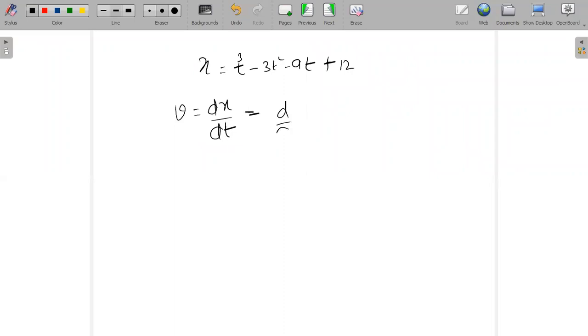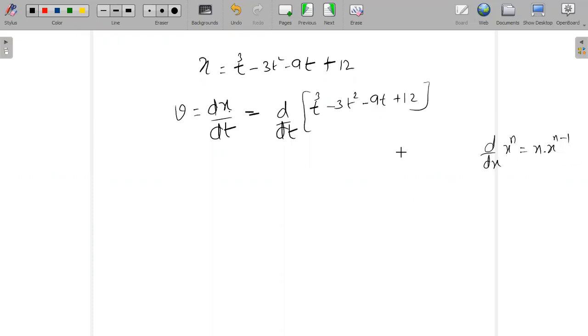So that is d by dt of the value of x, which you substitute: t cube minus 3t square minus 9t plus 12. What is differentiation? d by dx of x power n is n into x raised to n minus 1.